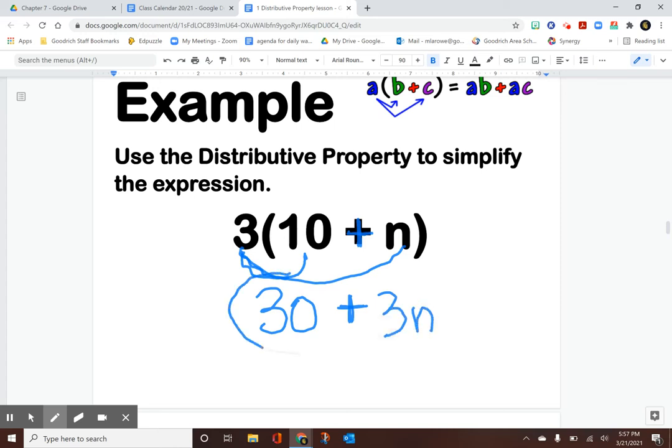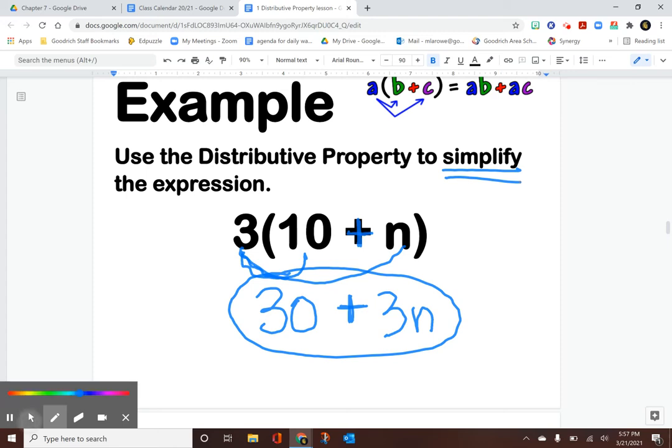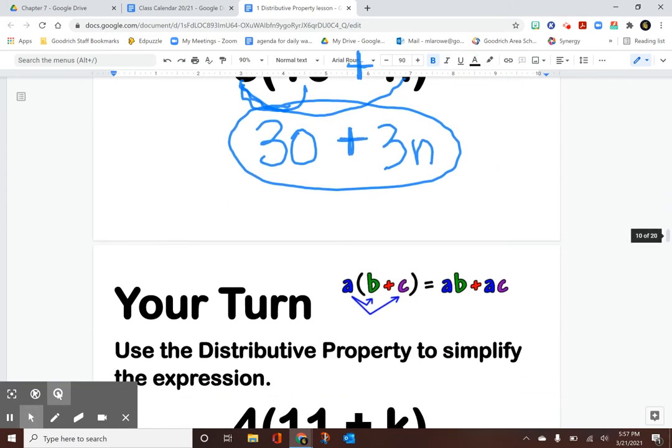So my simpler expression is 30 plus 3n, or 30 plus 3 times n. But I can't put the 30 and the 3n together because one is a constant and one has a variable, but at least my math problem is a little bit simpler.